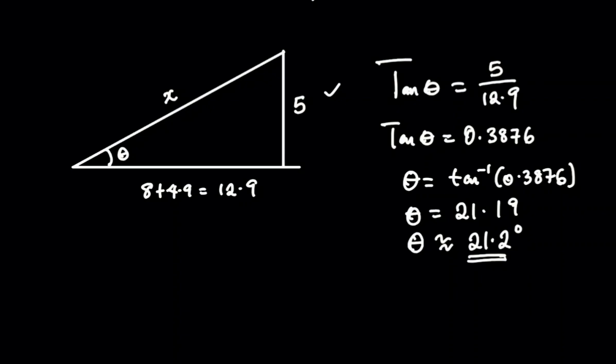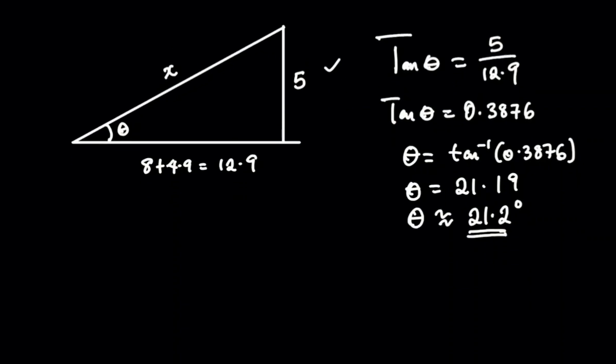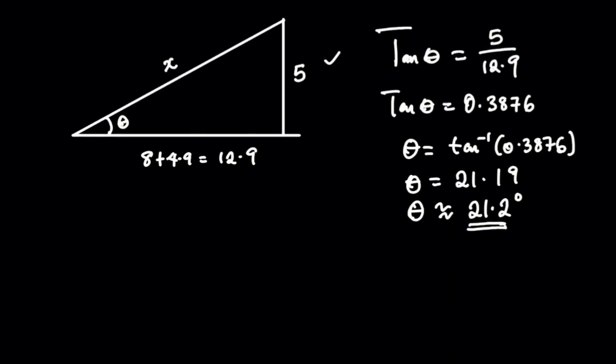All right, now we can use SOHCAHTOA or Pythagoras theorem too. So this time around, let's continue with our SOHCAHTOA. Now I'm going to use 5 and this angle I just found. But I'm going to use the raw angle, which is 21.19 instead of 21.2. All right, so this is what is going to happen.